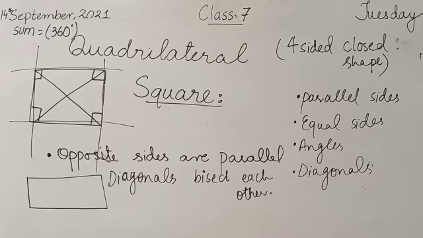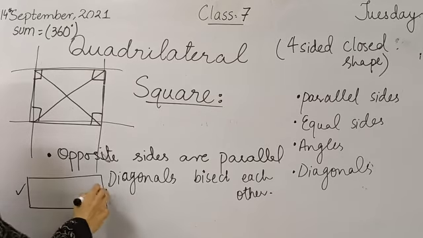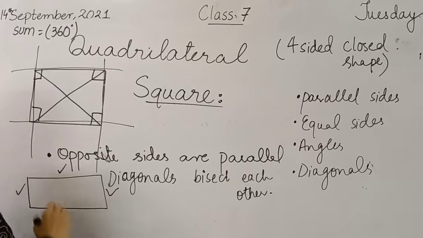Okay. Next, what about equal sides? In a square, all four sides are equal, but in a rectangle, opposite sides are equal. These two sides are equal, and similarly these two sides are equal.